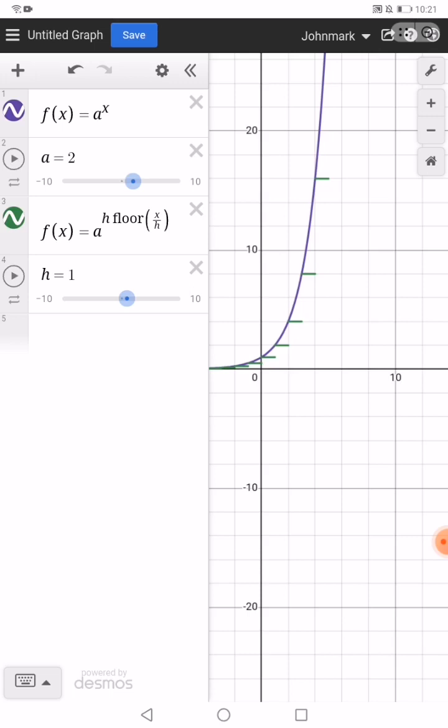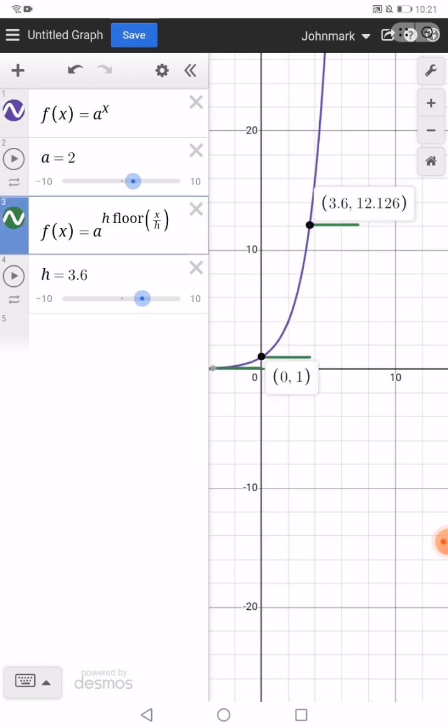If we have 1 unit, you can see that we have 1 unit, so it is a constant length of step. And if we drag this h, moving it to 3.6, you can see that the length of the interval is also 3.6.